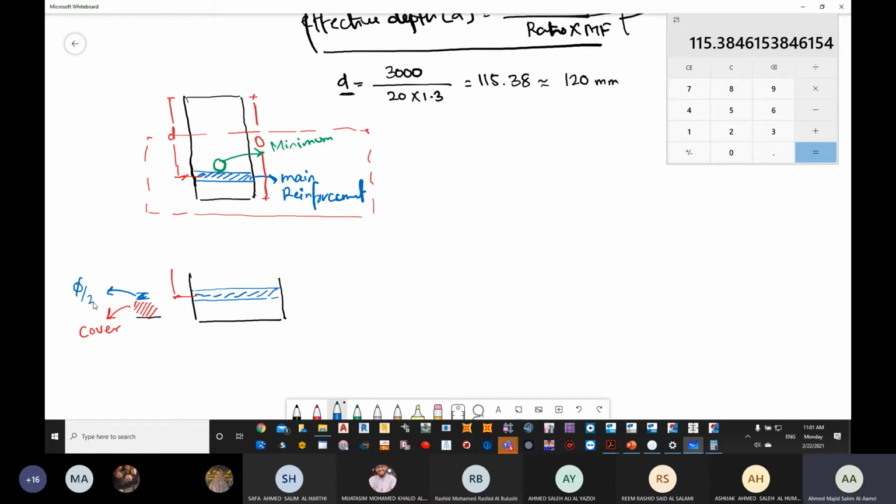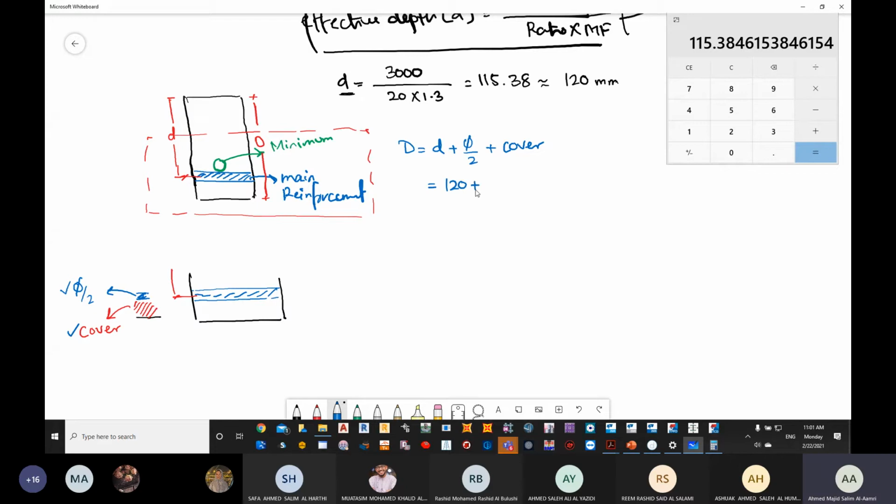Okay. So now if I want to compare between D capital and D small, I would say that my D capital is equal to D small plus the remaining part. So what is the remaining part? The remaining part is first half of the diameter plus the cover. D small is 120. Now diameter is not given, so you can assume it.